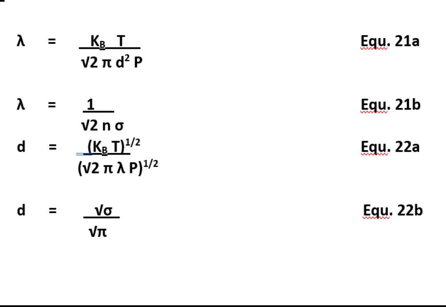5.1.2 Derivation and interpretation from the equations of mean free path length of gases. The mean free path length lambda increases with temperature, T, because higher temperatures lead to faster moving molecules, which means they travel further between collisions.